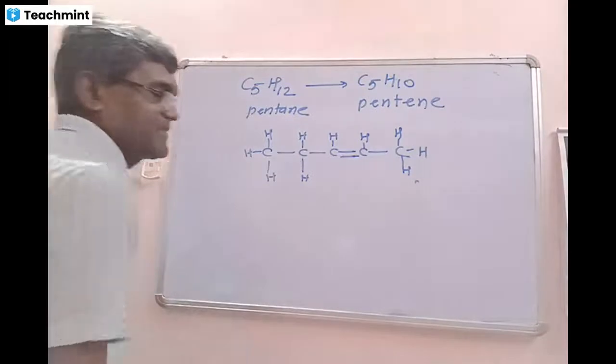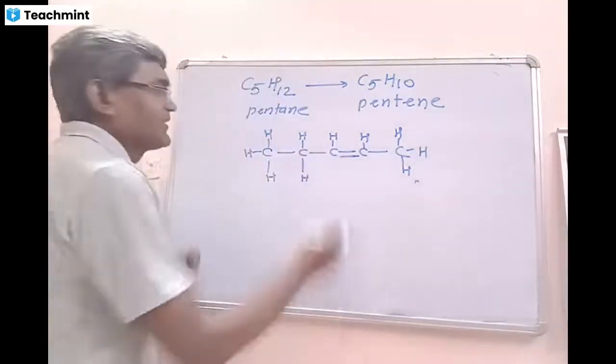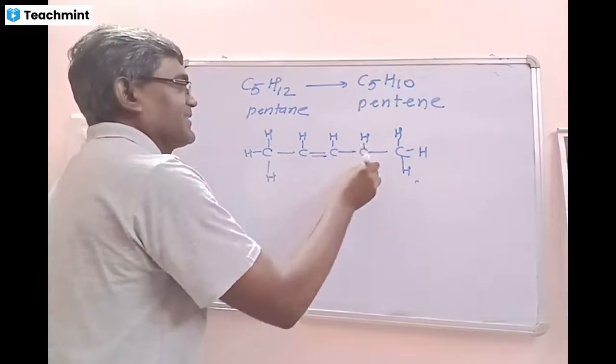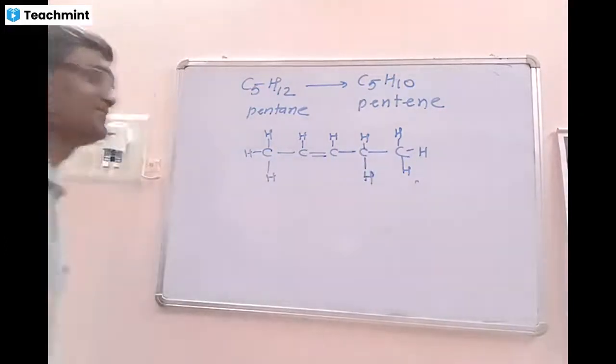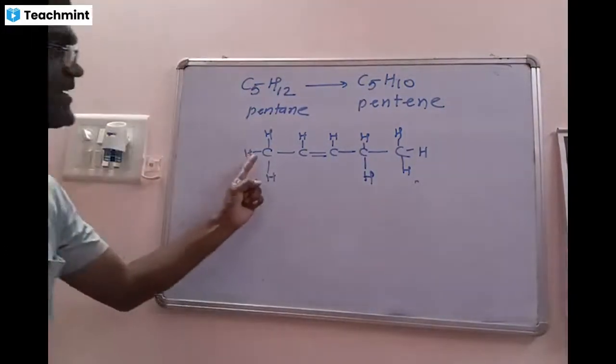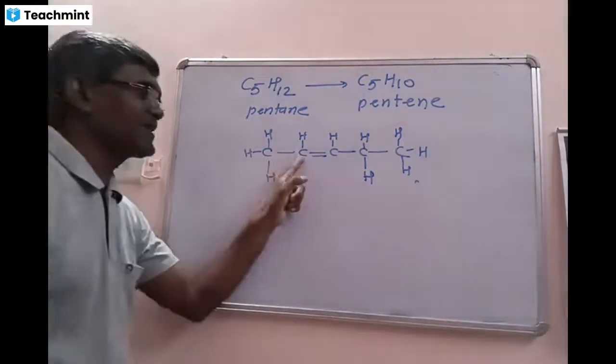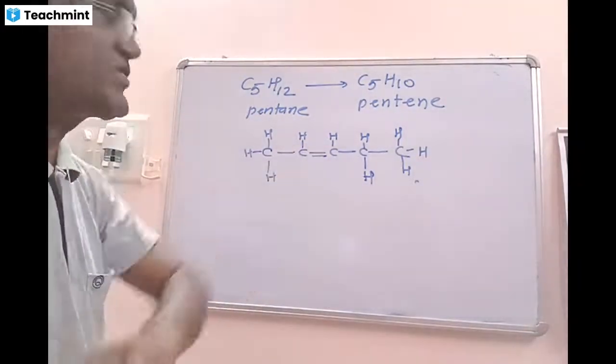The next compound is Pent-2-ene. Now instead of this, if you go here, then also Pent-2-ene. Now the numbering you did from this side, is it correct? Why? Because this carbon will get the least possible position.